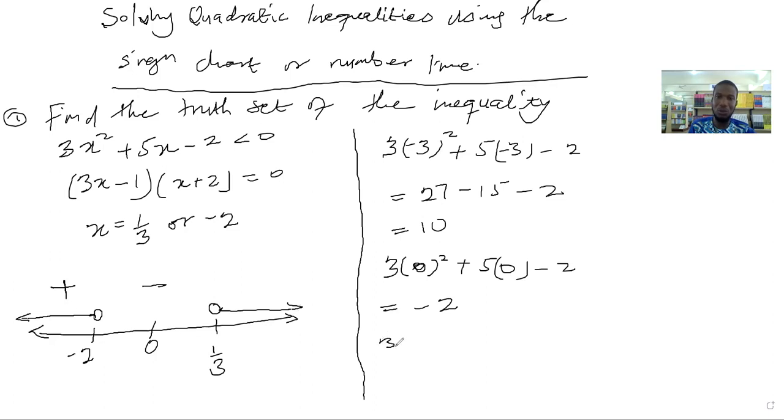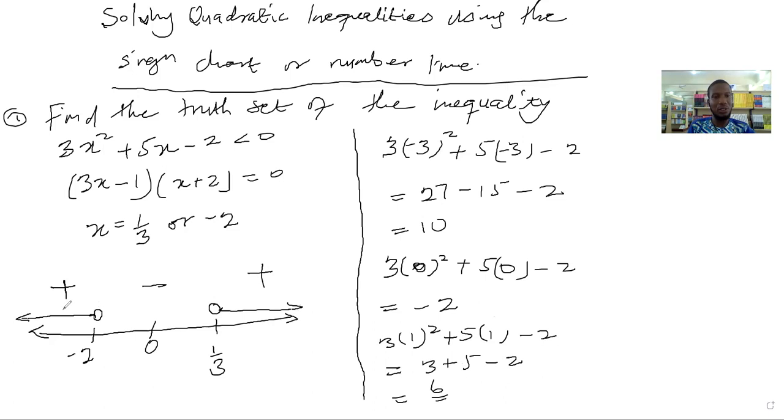So 3 times 1 squared plus 5 times 1 minus 2. This is going to give me 3 plus 5 minus 2. 8 minus 2 is 6, which is also positive. So I write positive here.